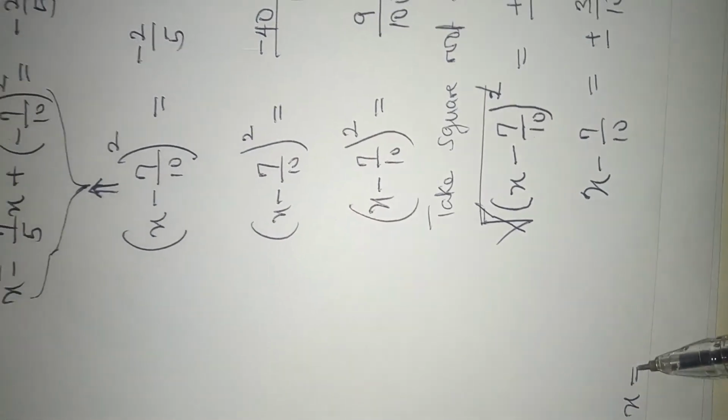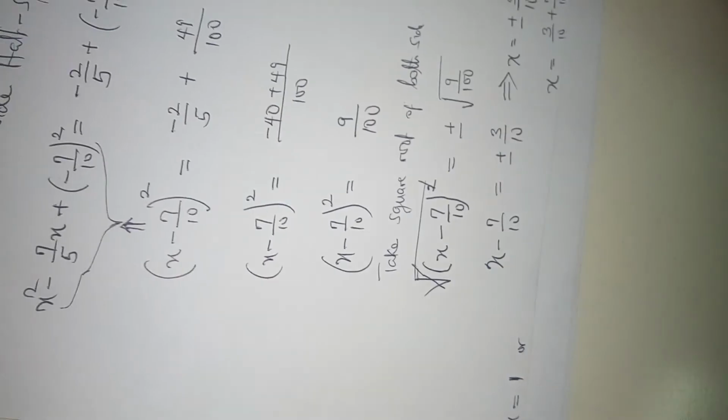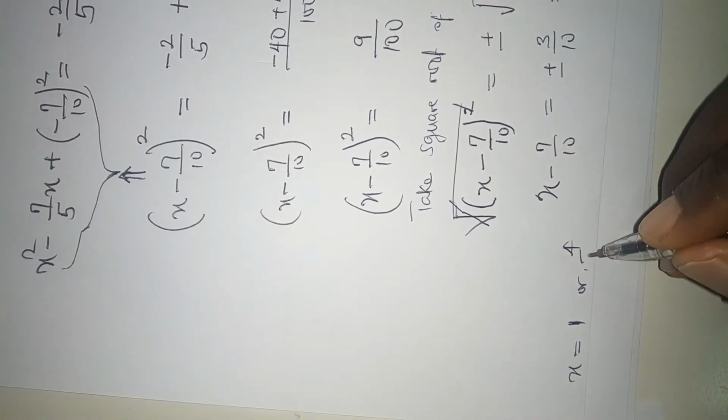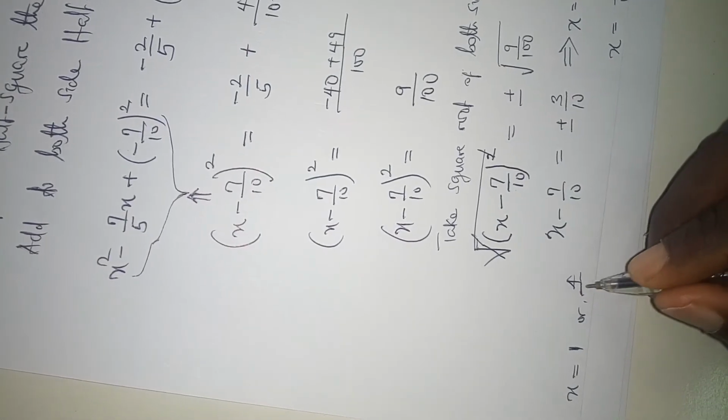When you do this very well, you have 3 over 10 plus 7 over 10, or minus 3 over 10 plus 7 over 10. So your final answer will be 1 or 4 over 10. That's 7 minus 3, 4 over 10.